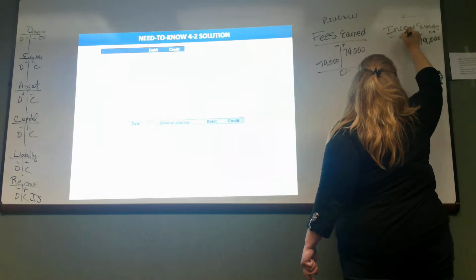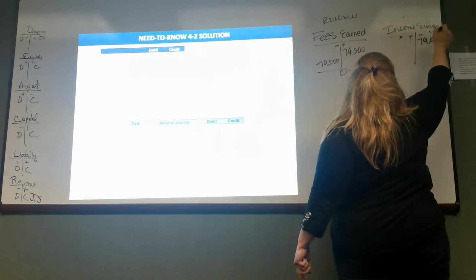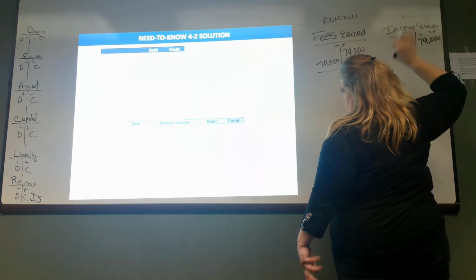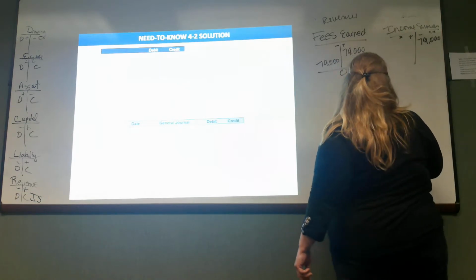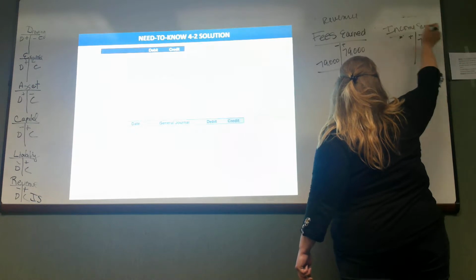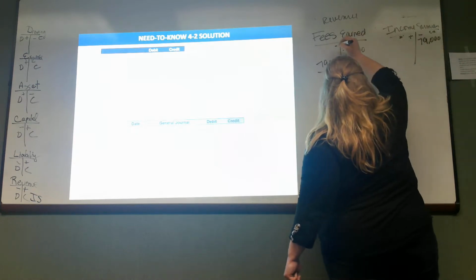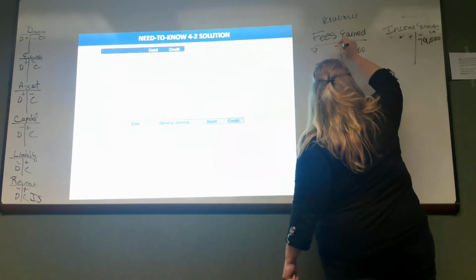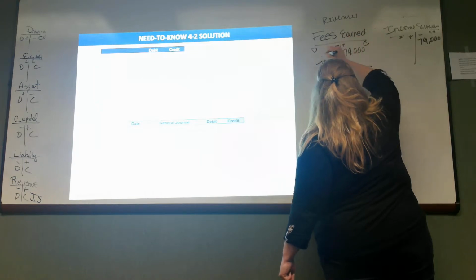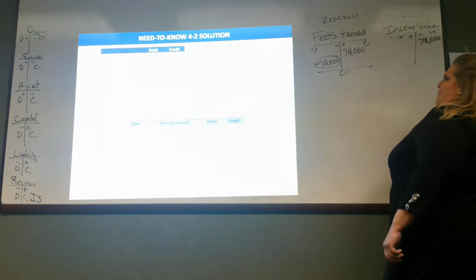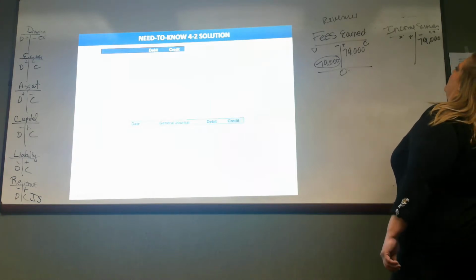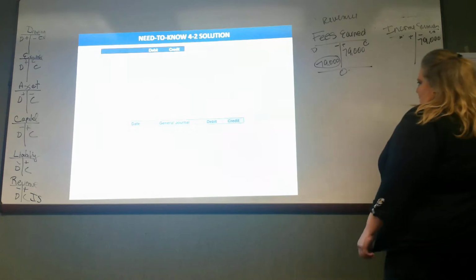This is a debit, okay. We already did our debit, so now we have to do our credit. Can you circle your debit for me so that we're clear? On the fees earned. This is debit. This is credit. So that's our actual entry, right? 79,000 as a debit to fees earned, and 79,000 as a credit to income summary, right?